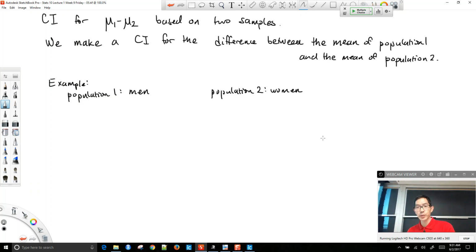Or anyone, this can just be self-identified men and women, and we will look at the mean height. So mu1 will be the mean height for men, and mu2 will be the mean height for women.